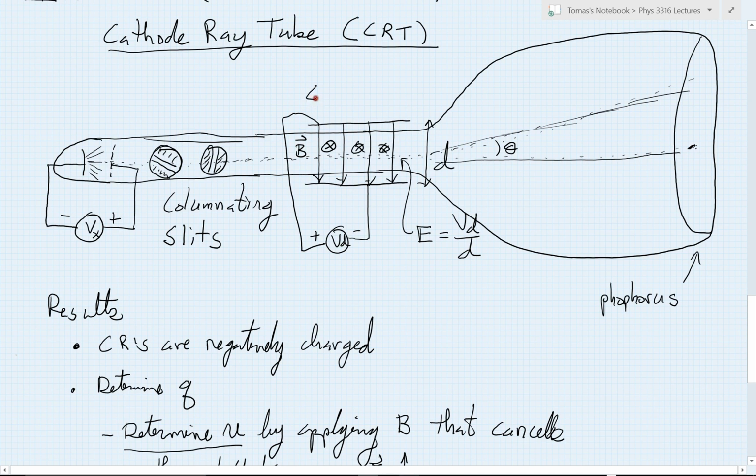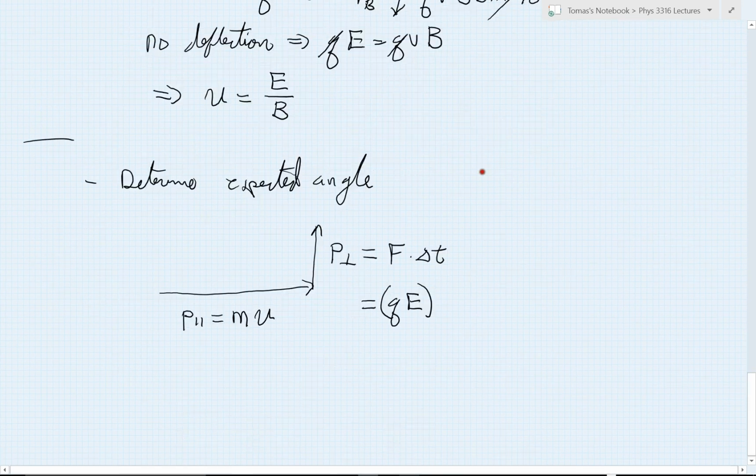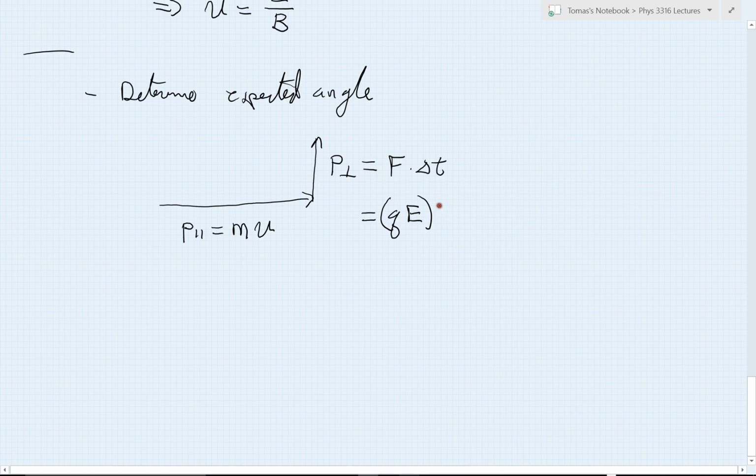This is where that velocity comes in. We certainly know experimentally the length of the plates, which we will call L, as opposed to their separation, which we're calling D. We know the length of the plates, and we know how quickly the beam is traveling through them.